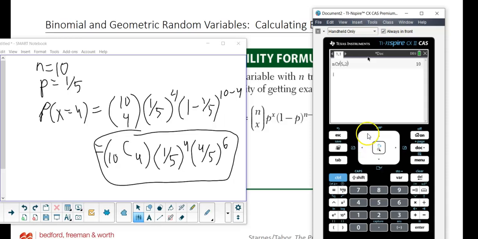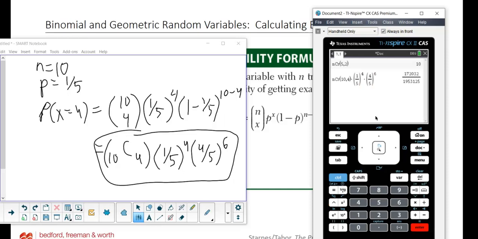Let's see. By the way, on the Inspire, if you want to go nCr parentheses 10, 4, if you want to type it, literally type it, you can do it that way, times 1/5 to the power of 4, times 4/5 to the power of 6.